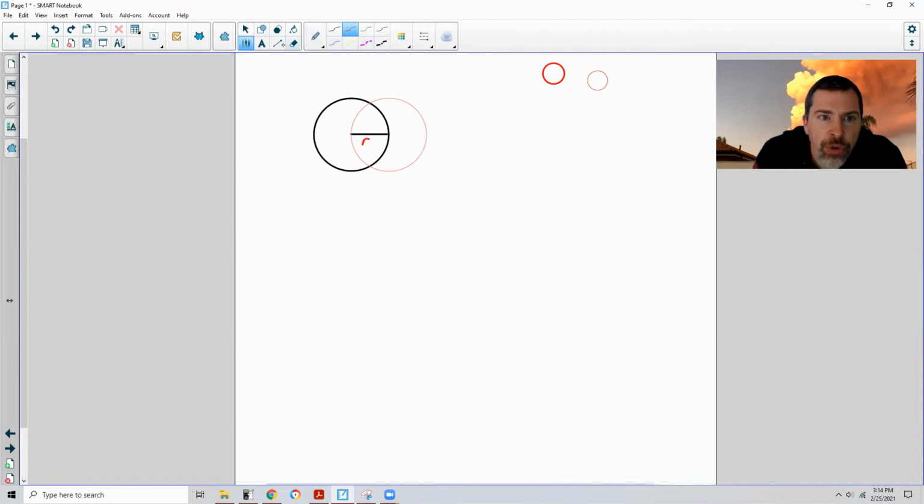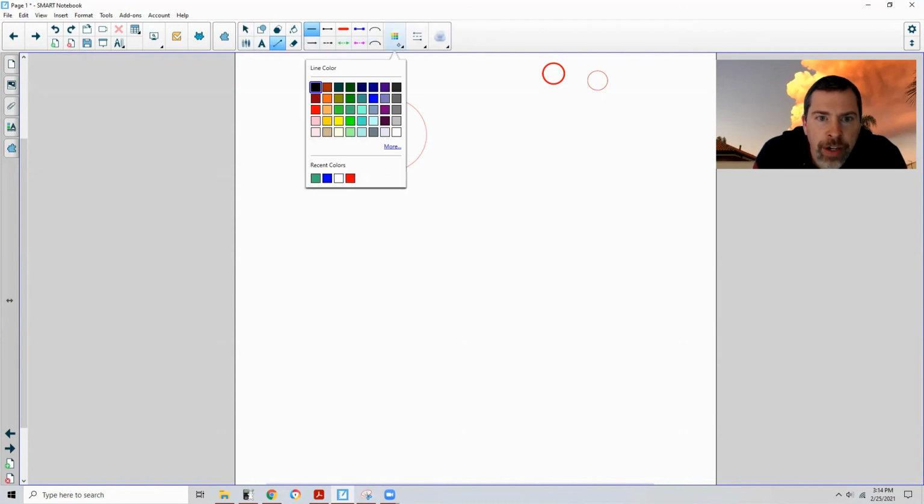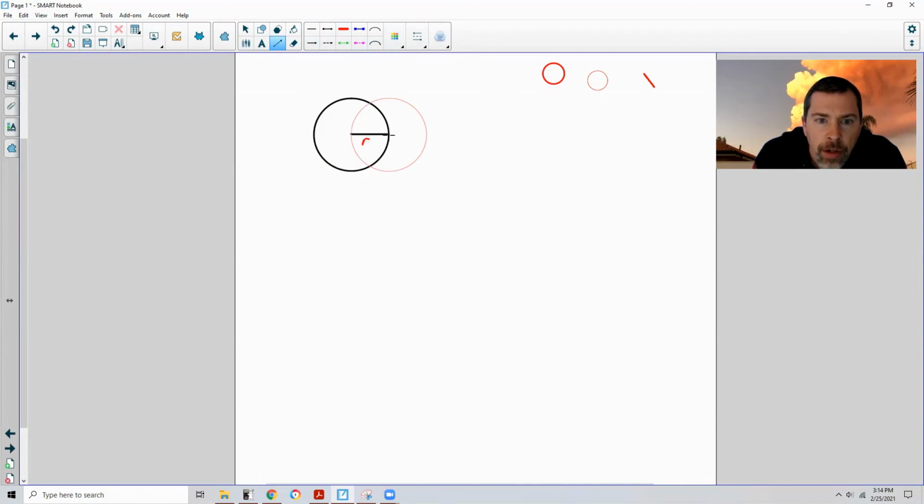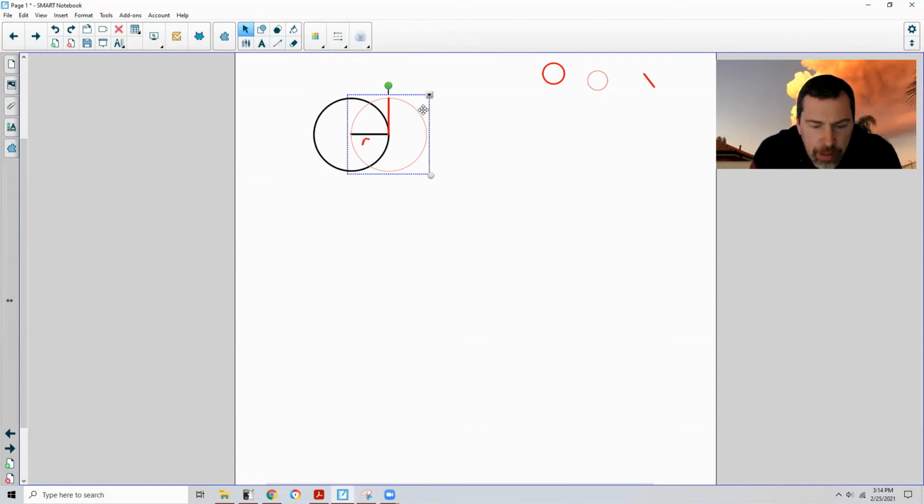I'm just doing that to show you that now if I draw a vertical line from this point straight up 90 degrees, then I have this red line, which is a length of r, because it's the same length as this, and it's 90 degrees.